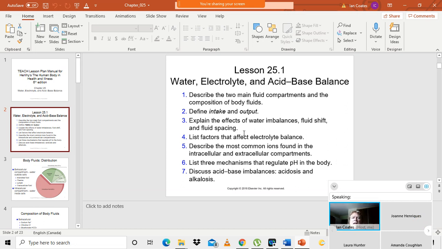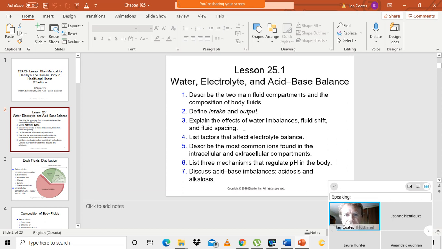So, describe the 2 main fluid compartments and the composition of body fluids. We're going to define intake and output. Not too bad. Explain the effects of water imbalances, fluid shifts, and fluid spacing. This one here, maybe you didn't know too much about. It's interesting. Water can hide all over the place.